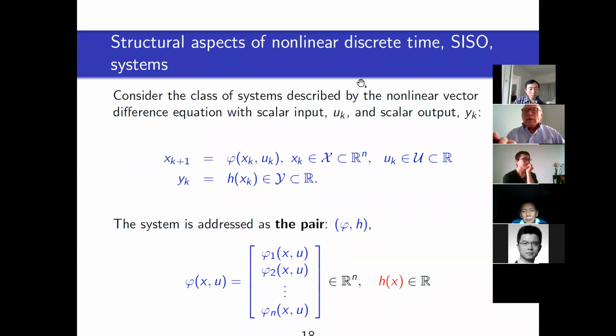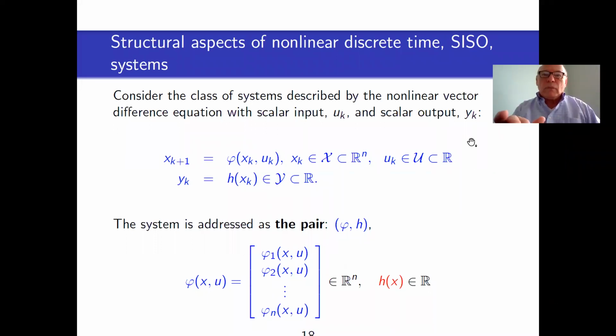Okay. Well, let's continue for a few minutes just to illustrate the basic notations and the things we're going to be dealing with in our approach to nonlinear discrete time systems. This is the model that we will adhere to from now on: a nonlinear discrete time system constituted by a next state map and an output map.